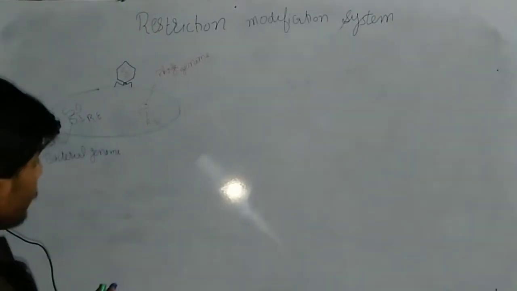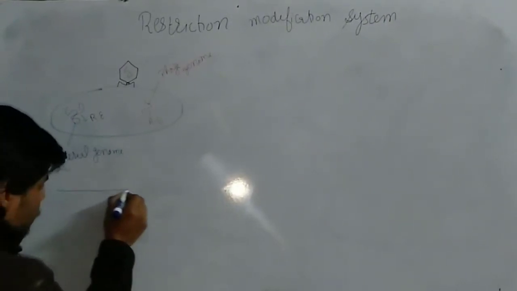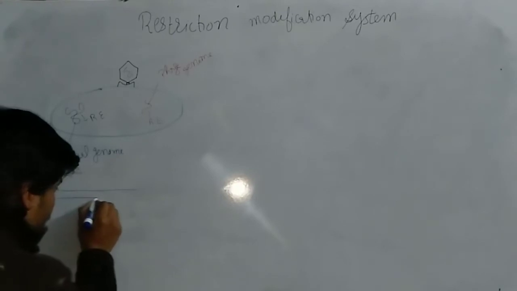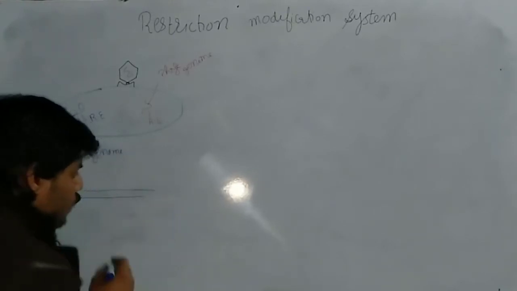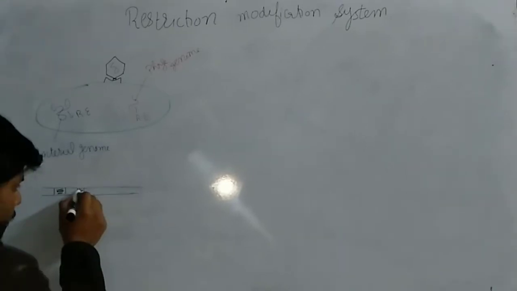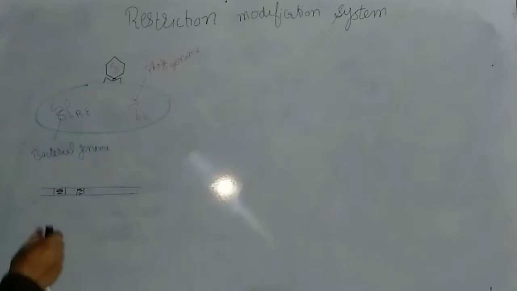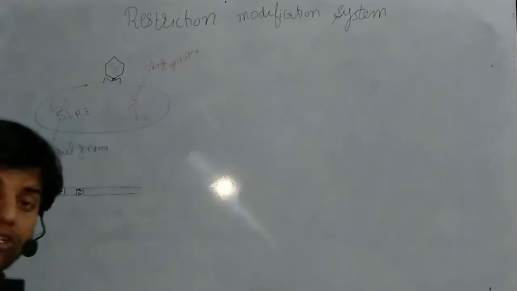Let's suppose this is the bacterial genome, as you can see. Remember, these are the restriction enzyme genes.